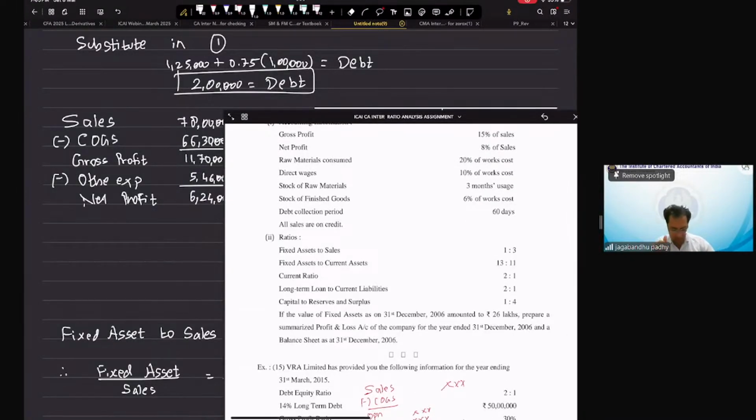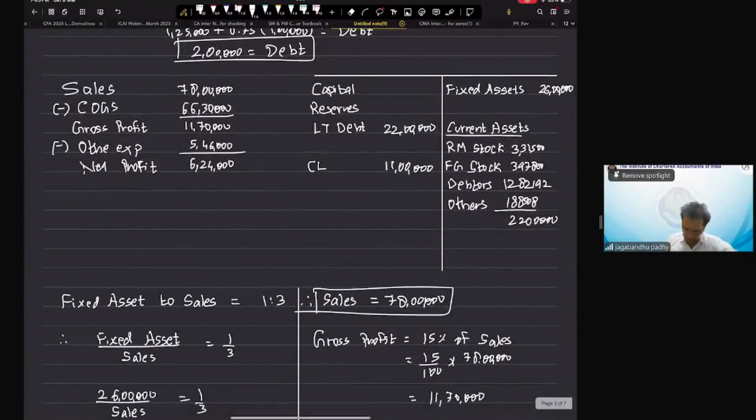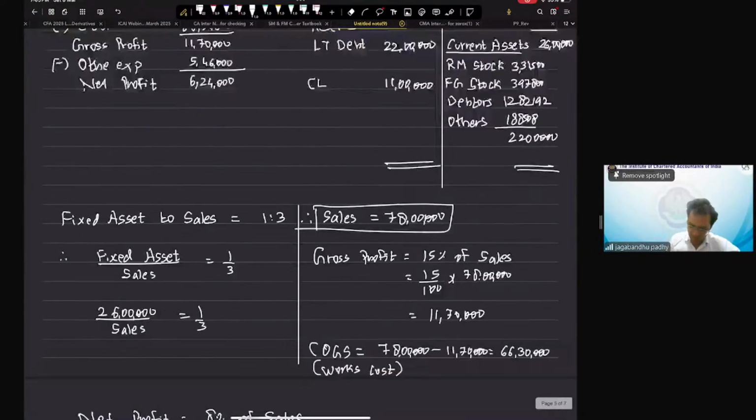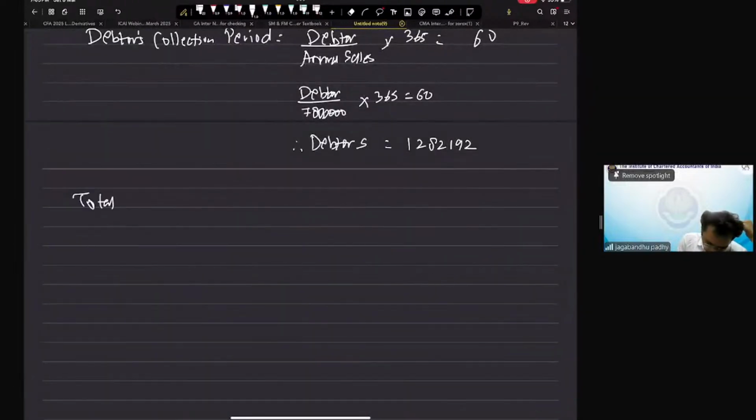Now only one thing is left, which is capital to reserves of 1 is to 4. Now that is something which we can easily get by simply looking at the balance sheet. Total liabilities will be equal to total assets.